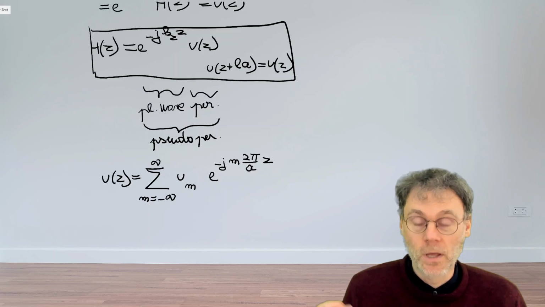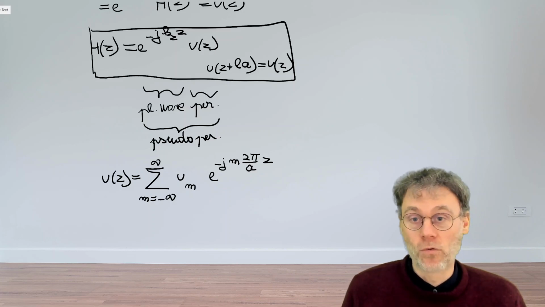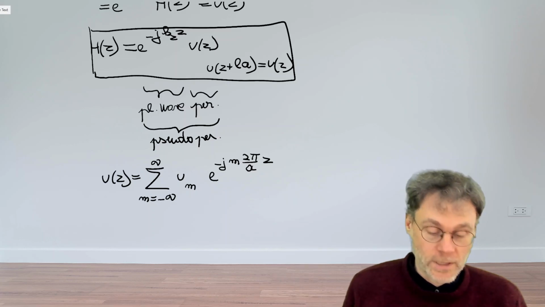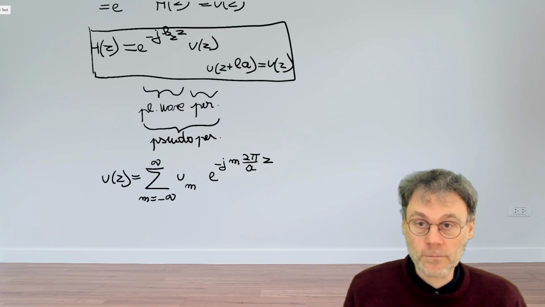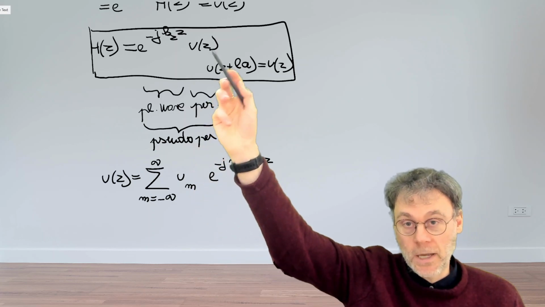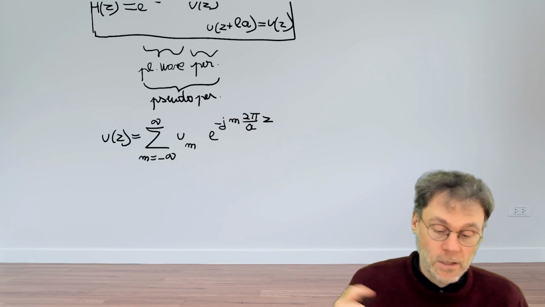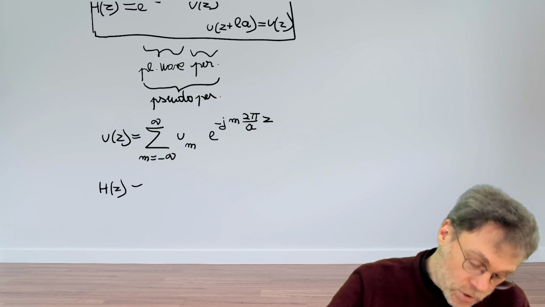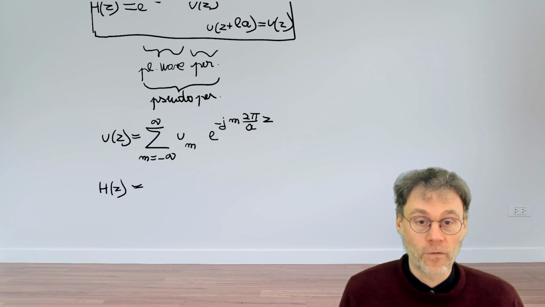This is just from basic Fourier theory, the way you write a periodic function as a sum of complex valued exponentials. Now, substituting this form into the second form of Bloch's theorem above allows us to write h of z also as a sum of plane waves.